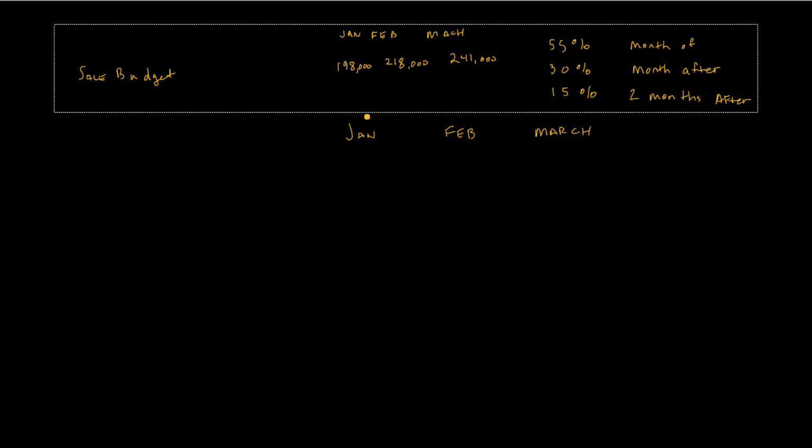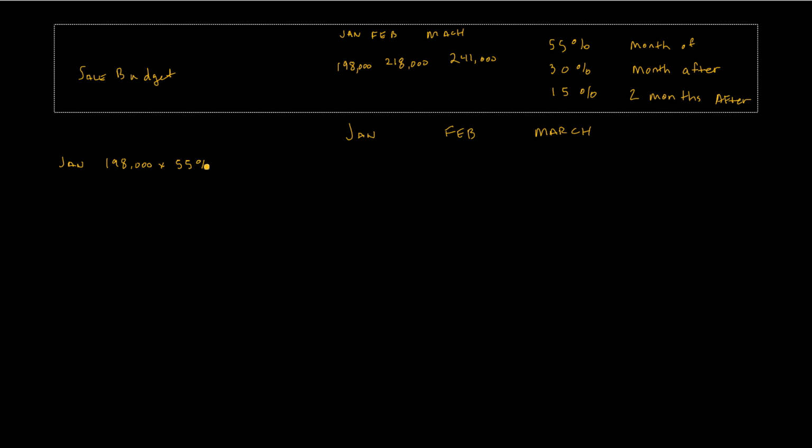So we've got to figure out how much cash we're going to collect in January. Very easy to do, right? We take January sales of 198,000 and just multiply it by 55%. Very super easy.